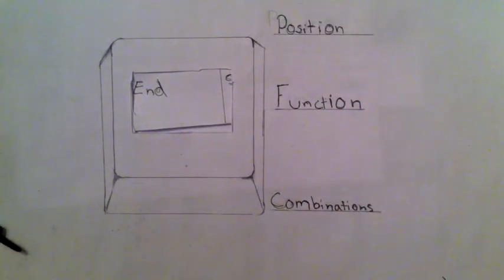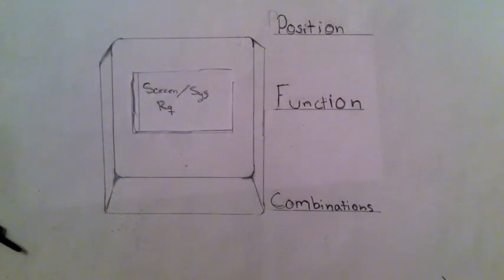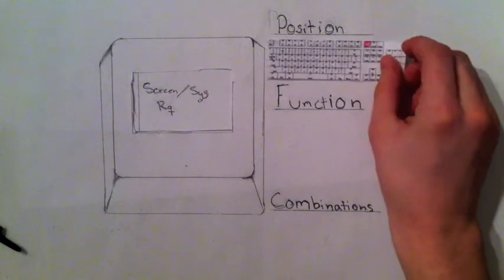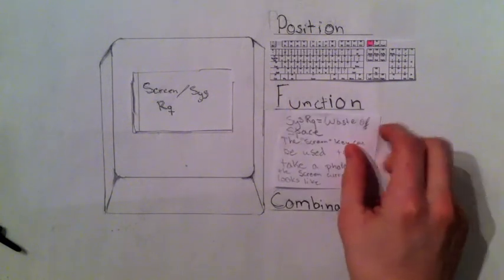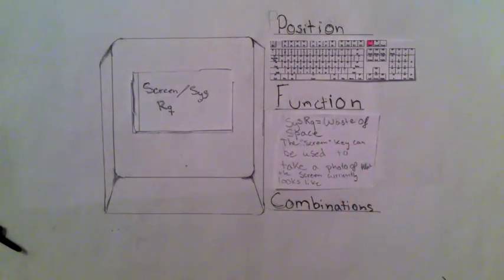Next we have the Screen/sysrec key. This key is located at the very top in its own little section on the right hand side of the function keys. This is a combination of two keys from older keyboards, whereas the sysrec key no longer has a standard function and doesn't even exist on all keyboards.